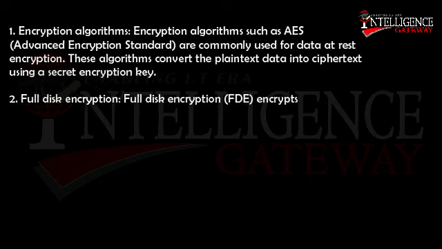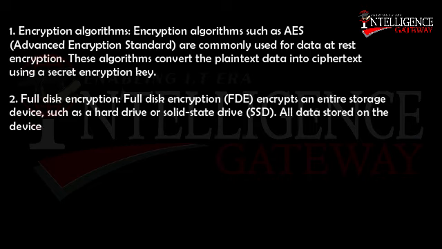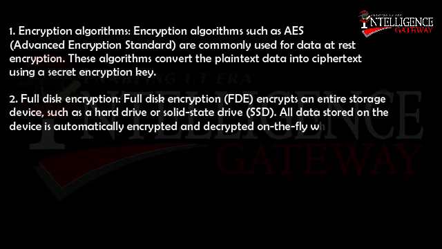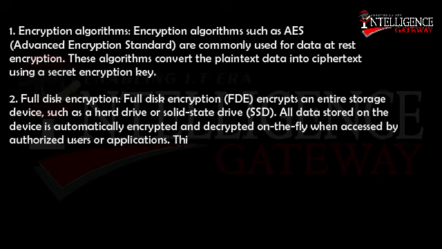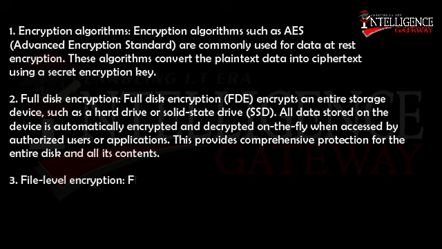Full disk encryption, FDE, encrypts an entire storage device, such as a hard drive or solid-state drive, SSD. All data stored on the device is automatically encrypted and decrypted on the fly when accessed by authorized users or applications. This provides comprehensive protection for the entire disk and all its contents.